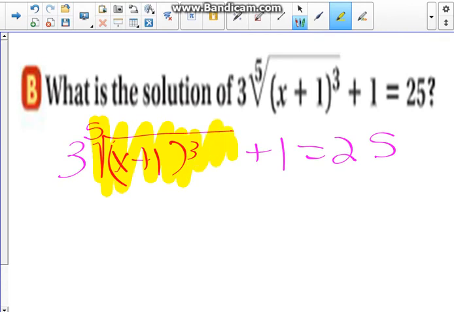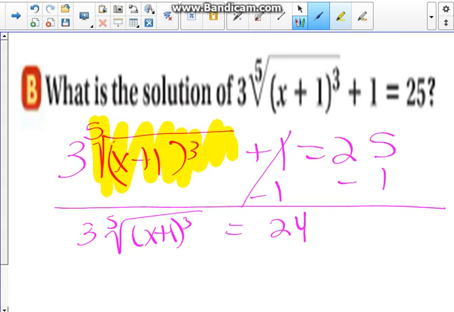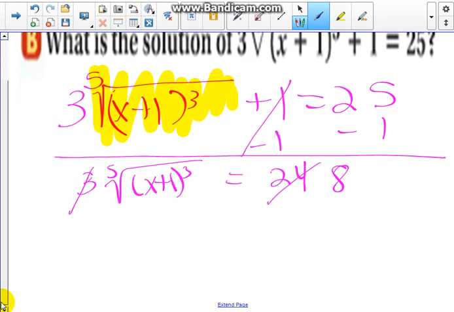So we want to keep him here and get rid of everything else. So the first thing I'm going to do is subtract 1 from each side. Alright, and then I have 3 times the 5th root of x plus 1 cubed equal 24. Now divide each side by 3 and I get an 8, and that clears the 3 over there.